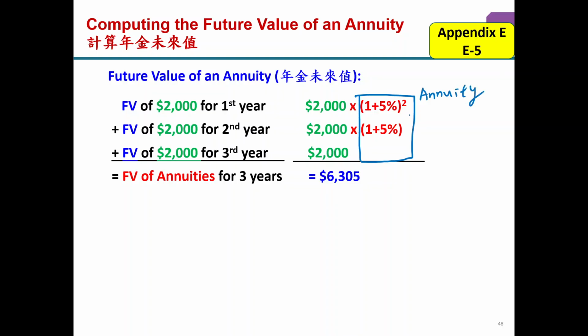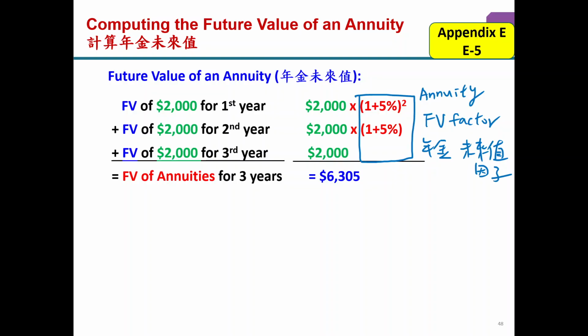So it's the annuity's future value factor. 年金未来值因子.